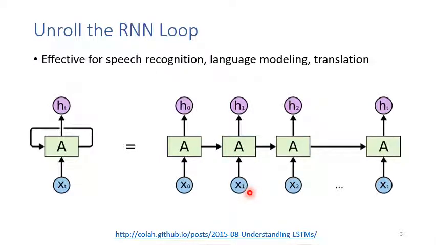So when you have next data x1, then you can use x1 and the previous output to calculate new output h1, and then save the state and pass the state to next cell. So this picture, the unroll of RNN loop, can better illustrate how RNN works. RNN is effective for speech recognition, language modeling, and language translation. It's very good for processing time series data.